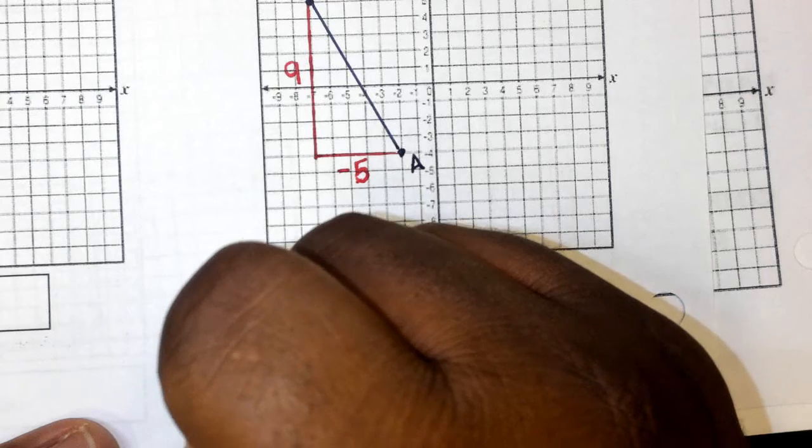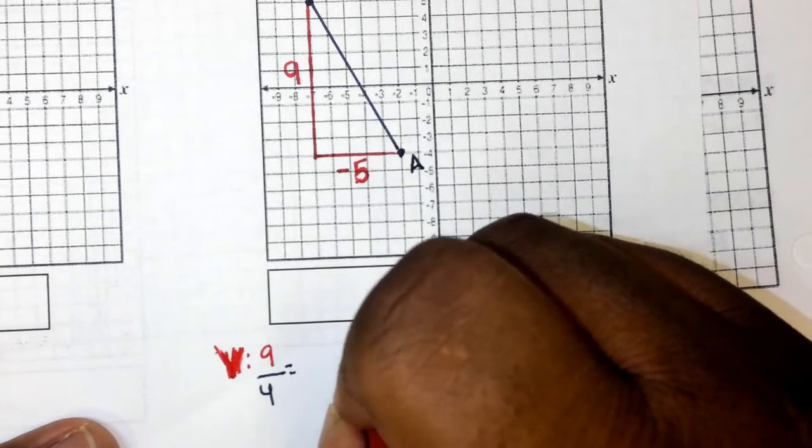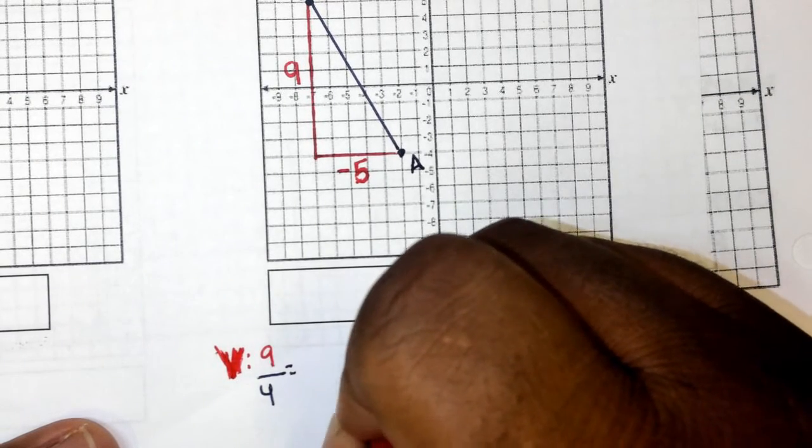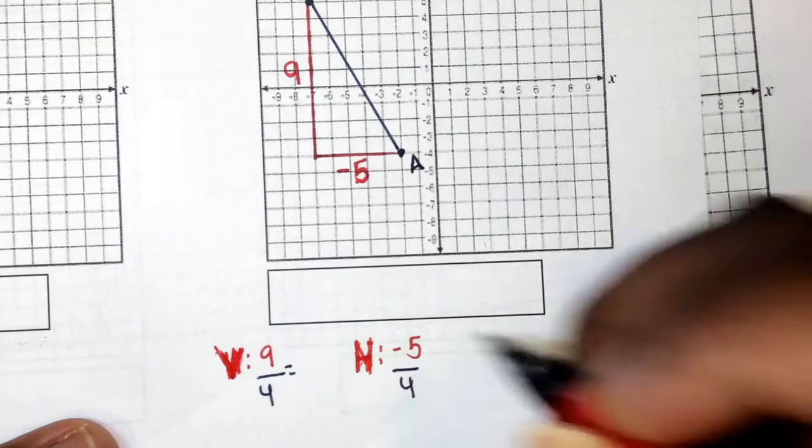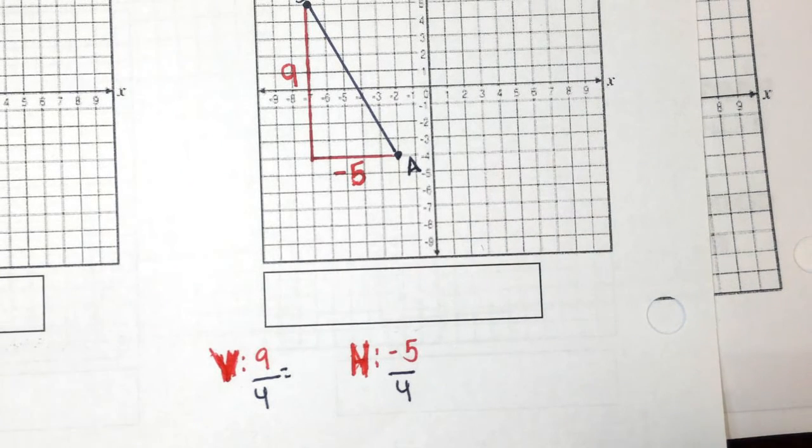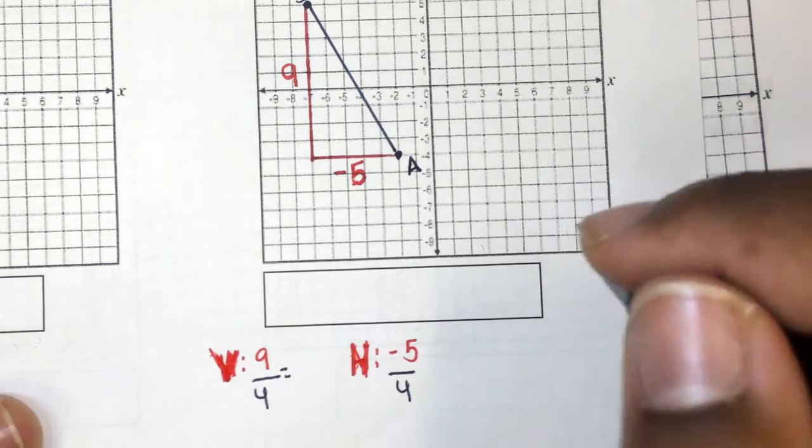This is my vertical. This is my horizontal. My bad. If you can switch it around, I suggest switching it around. I like my H to go first. I wrote in pen though, so I'm stuck. That's why we don't write in pen.